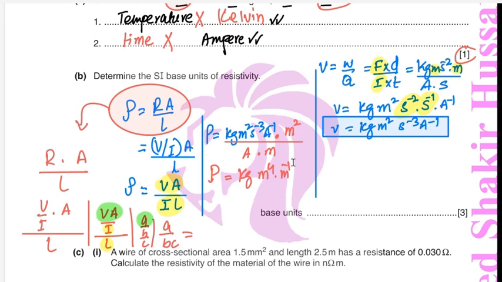S power minus 3, A power minus 1, and A in the denominator will also become A power minus 1. So simplifying this again, it will become kg m power 3, s power minus 3, A power minus 2.